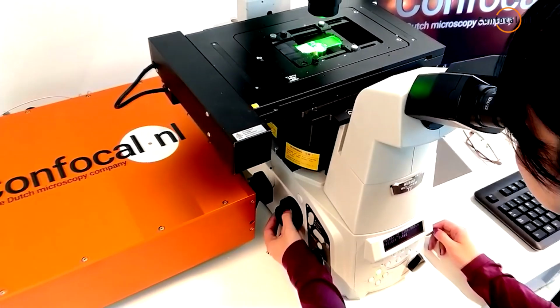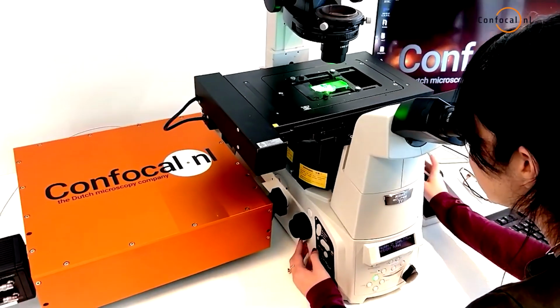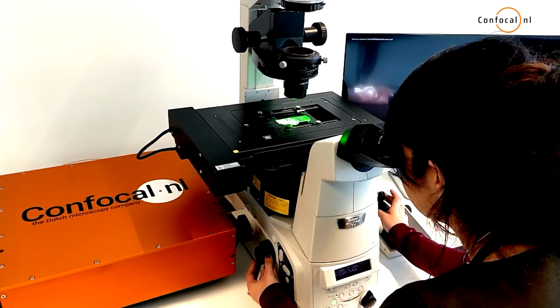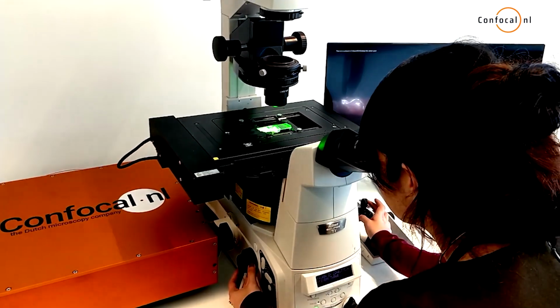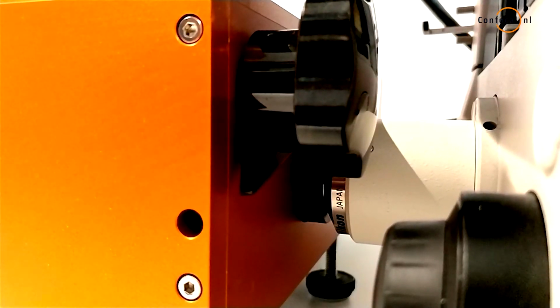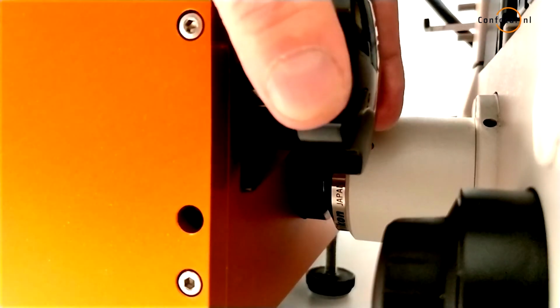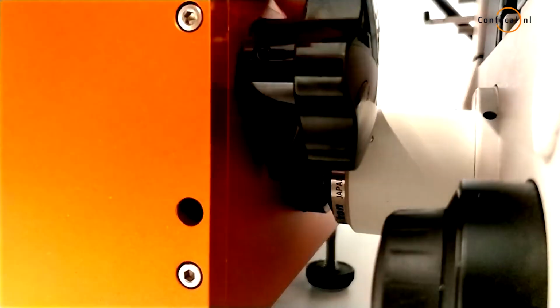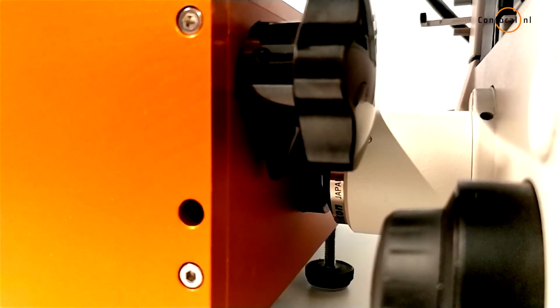You can make use of the eyepiece for a quick scan of your slide and to check for staining. With the bypass mode, you can scan the slide to find the region of interest without having to use the eyepiece. Push the knob on the RCM unit to change the light path to bypass mode.